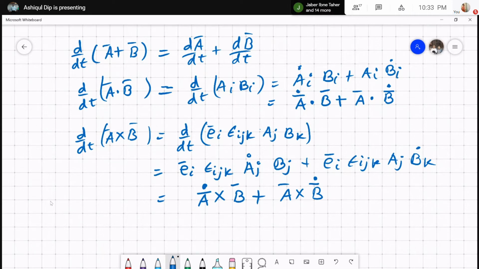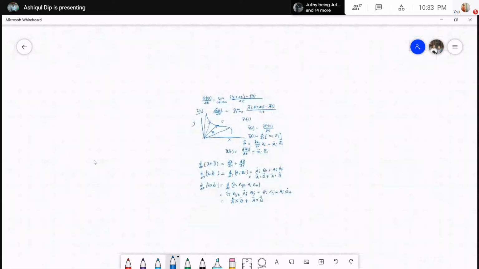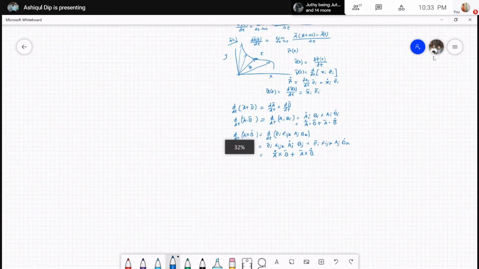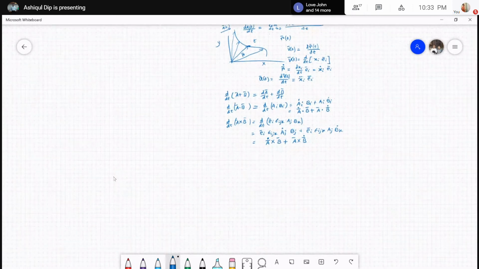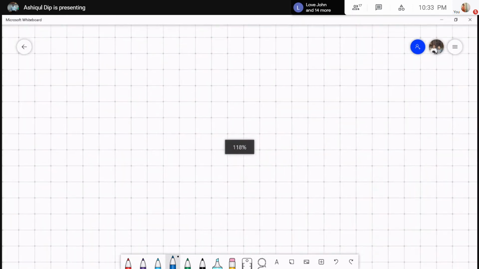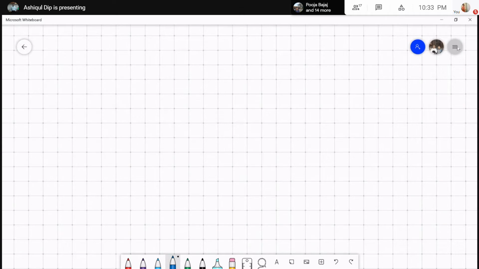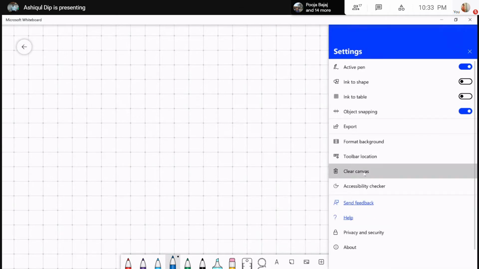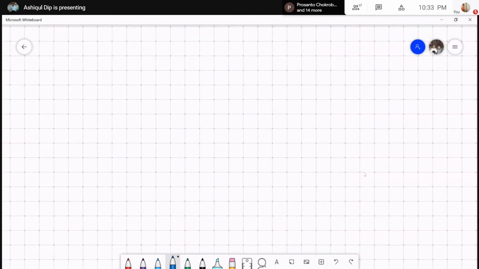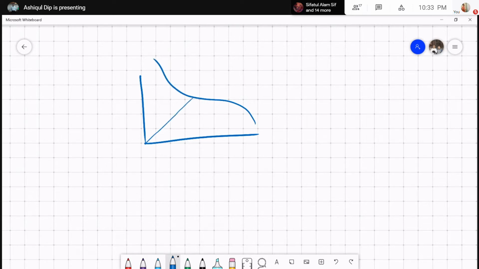Now the more interesting things. Let's clean up the canvas. Now let's introduce a somewhat different kind of coordinate, one that moves along with your particle. In the Cartesian coordinate representation, we saw your particle moves like that, and you have a position vector and a coordinate system set up here.